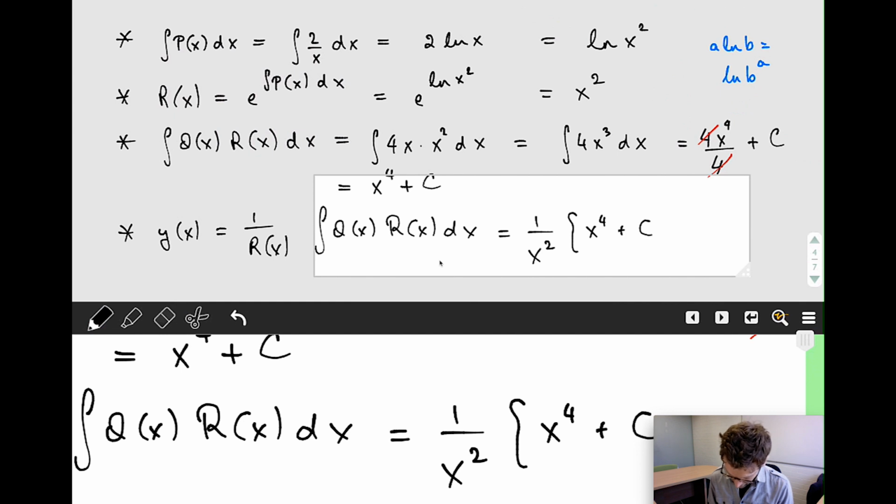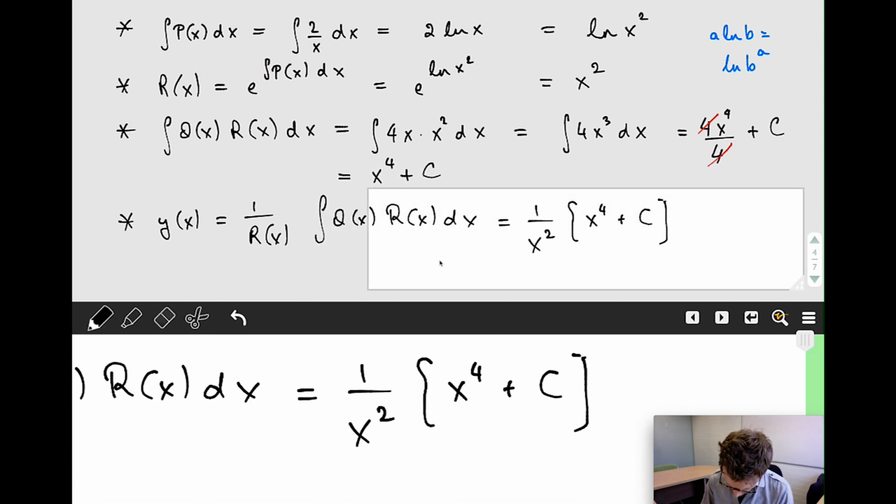And notice that I'm being very careful with my constant of integration here. It also is being multiplied by that factor of 1 over r. So the solution here is going to be x to the 4th over x squared, so that's x squared, plus c over x squared. So you notice that that constant of integration, c, is actually involved in some function of x here.